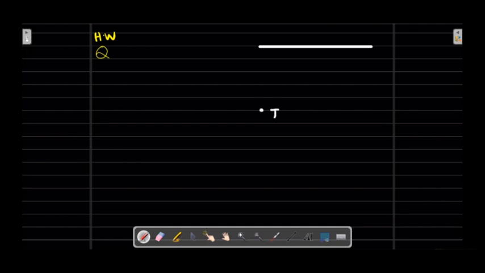So this is the Tom, and the initial position of Jerry is here. Question is, repeat the above problem if the value of v, magnitude wise, should be equal to u.